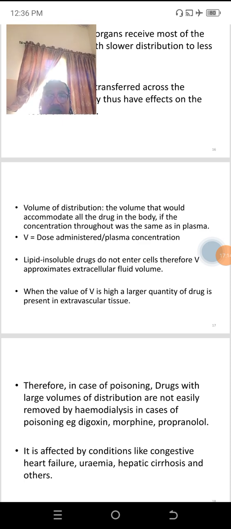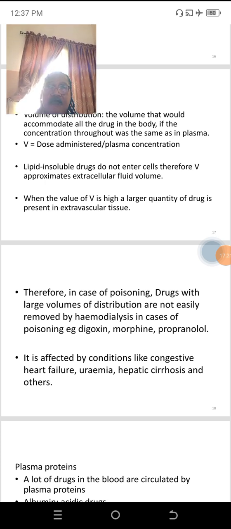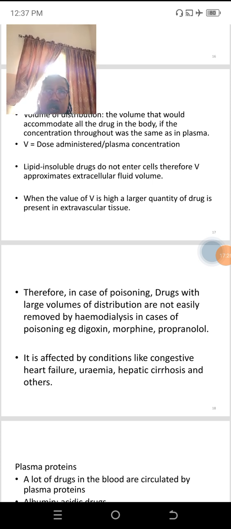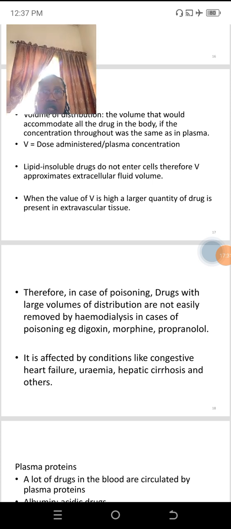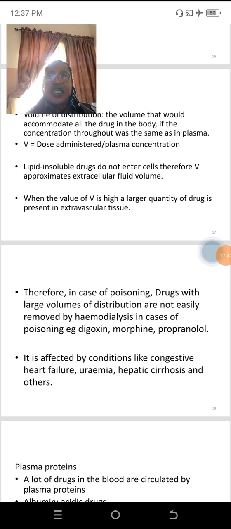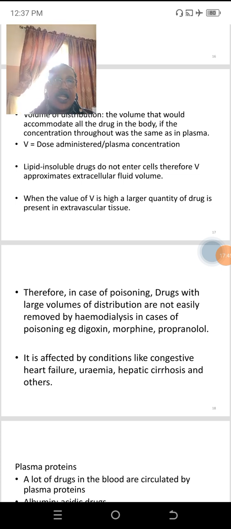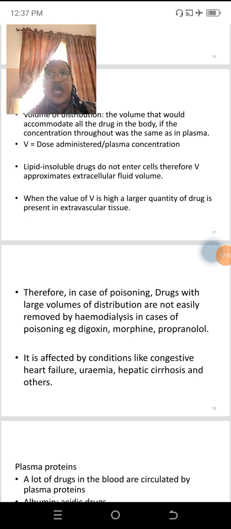This is very important in cases of poisoning because drugs with a lower volume of distribution are restricted to the intravascular compartment, so they are easier to remove by hemodialysis. But with drugs with a high volume of distribution, a lot of them are already inside the tissues, in areas where hemodialysis will no longer be able to extract them.